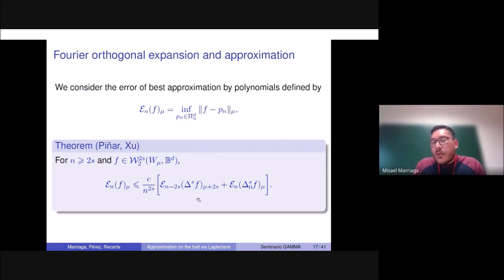And when the function is neither radial nor spherical, then both errors contribute to this bound.